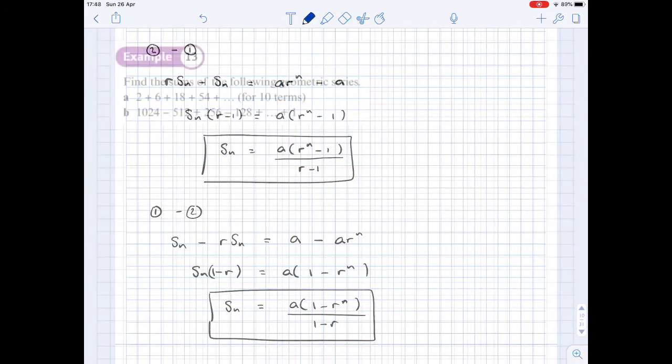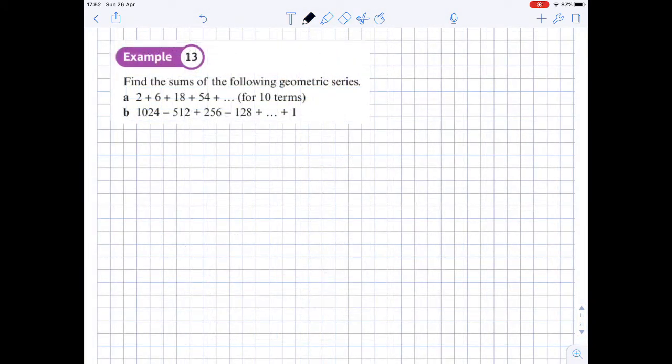So in fact, example 13, here we want to find the sum of the following geometric series. In part A, we can see that the first term is 2, and the common ratio is equal to 6 divided by 2, which is 3. We could check that by doing 18 divided by 6 or 54 divided by 18. Now we want to find the sum of the first 10 terms.